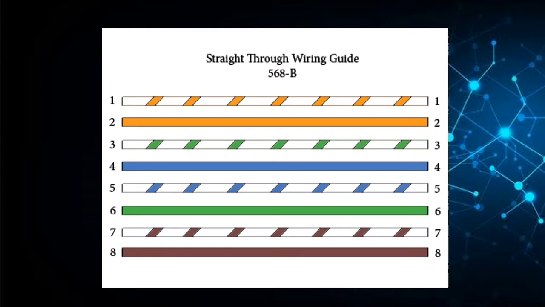As we can see in the picture, white-orange comes first, followed by orange, white-green, blue, white-blue, green, white-brown, and lastly the brown. This arrangement is what we call the TIA/EIA 568B.